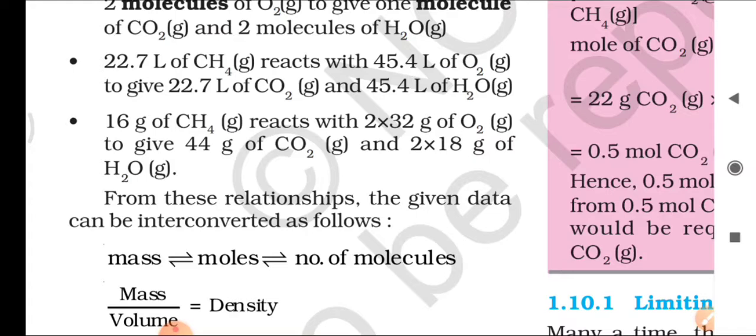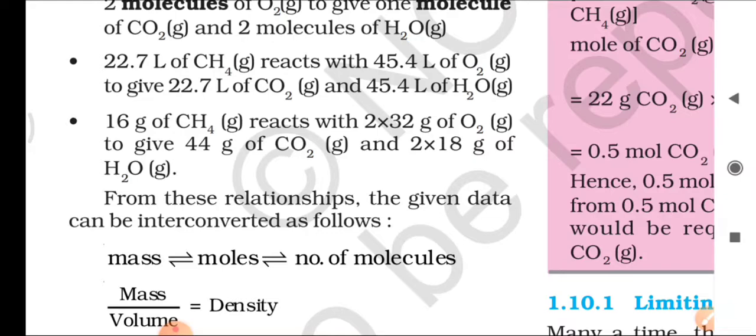right? If somebody asks you how much volume an ideal gas will occupy at STP, that is standard temperature and pressure, then your answer will be 22.7 liter.